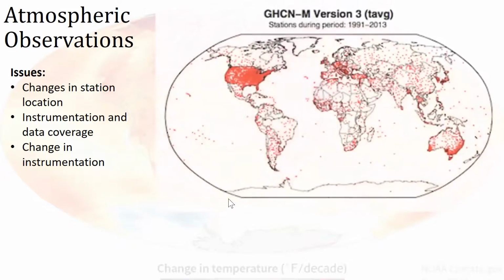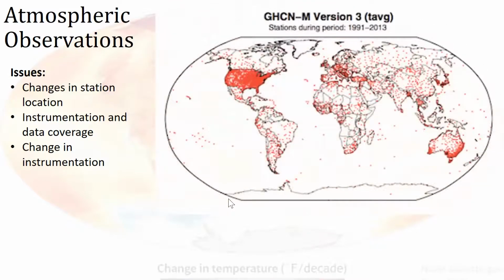So let's talk about changes in station location. These are the stations used most commonly. This GHCN is one of the more widely used global networks for weather data that feeds into these climate analyses.